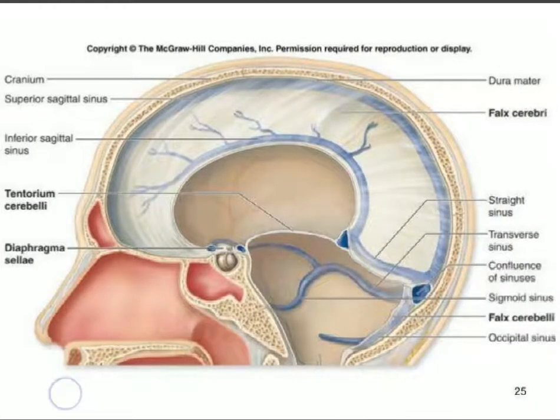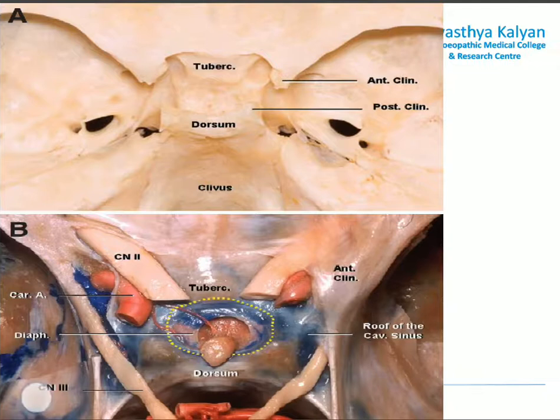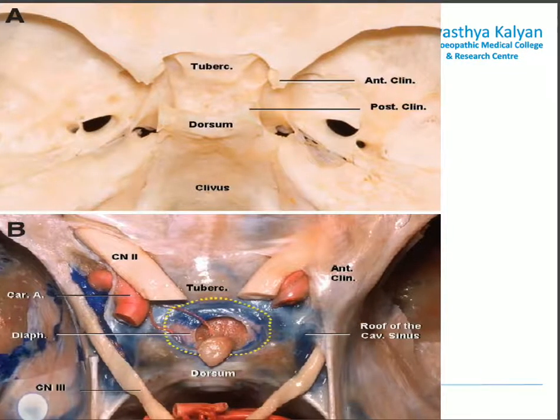That's the hypophyseal fossa, where the hypophysis cerebri is present, and this is how the diaphragma sellae forms the roof. Its attachments are the dorsum sellae and tuberculum sellae.